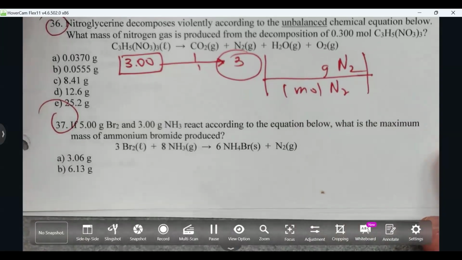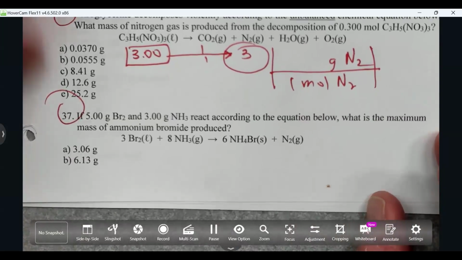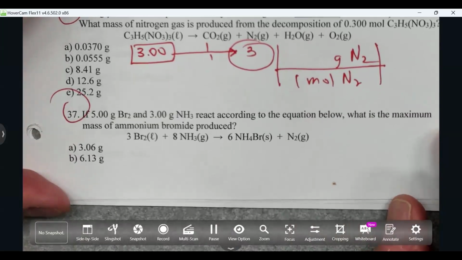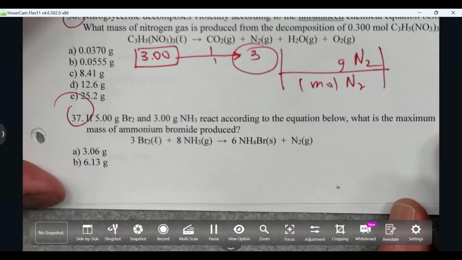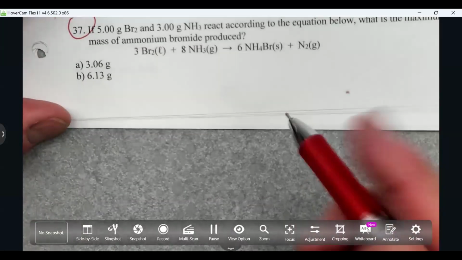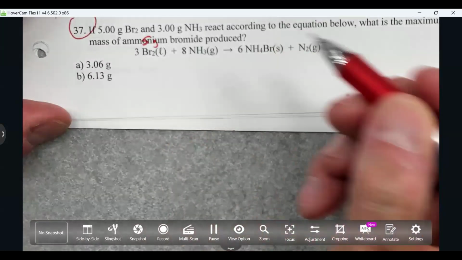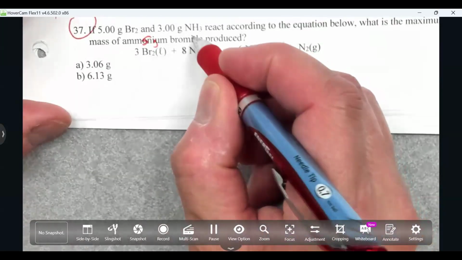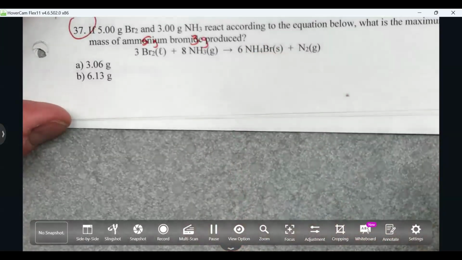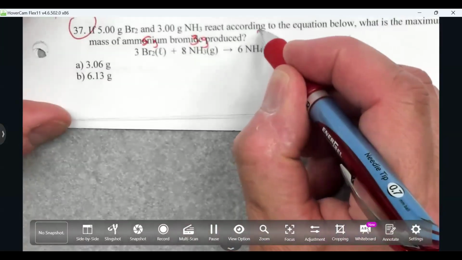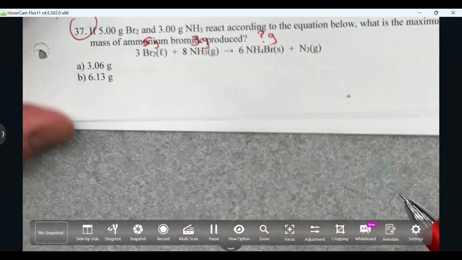Okay, 37 is a limiting problem. We've got 5 grams, 3 grams, ammonium bromide, grams right here.